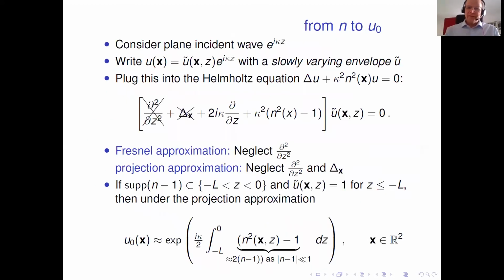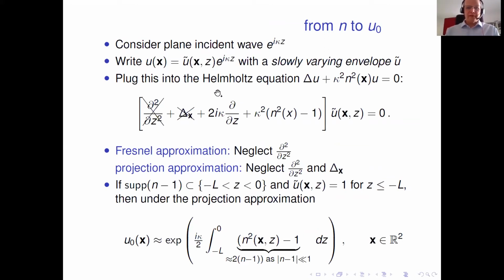Okay, so far, this was one part of the modeling. Now we have to describe what is actually the exit wave. So here we do a further approximation. Basically, we assume that the field U can be written as such an exponential, a plane wave propagated in z direction, times a slowly varying envelope.